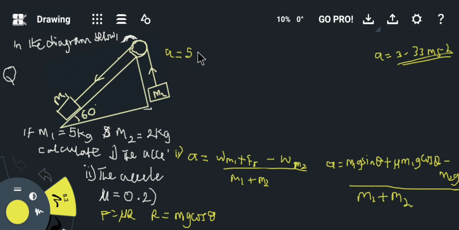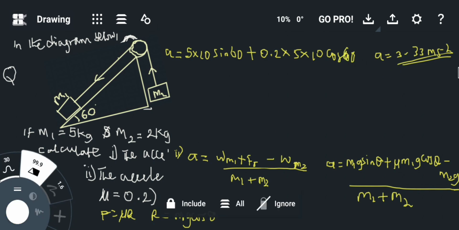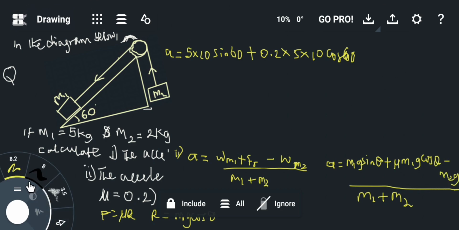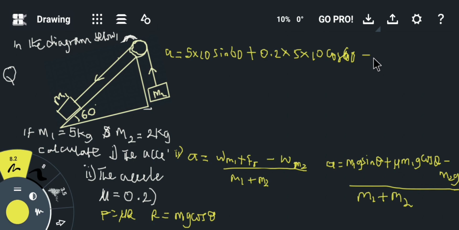So 5 multiplied by g, 10, sine 60, plus the frictional force, which is the coefficient, given as 0.2, multiplied by the mass m1, which is still 5, multiplied by gravity, which is still 10, cosine of 60, minus m2, which is 2 multiplied by gravity, which is 10.